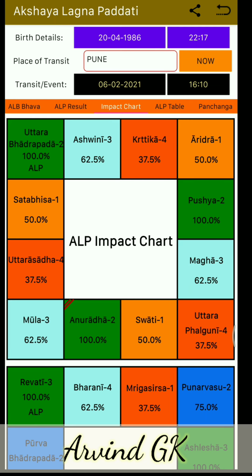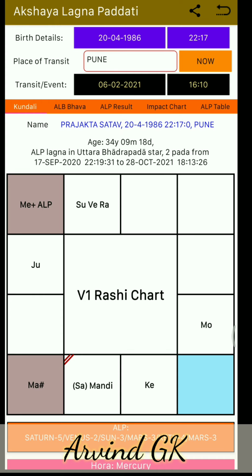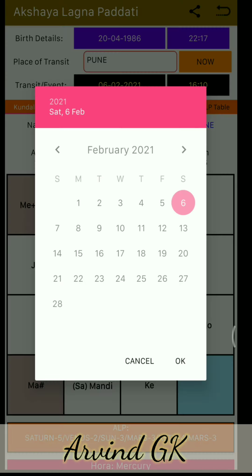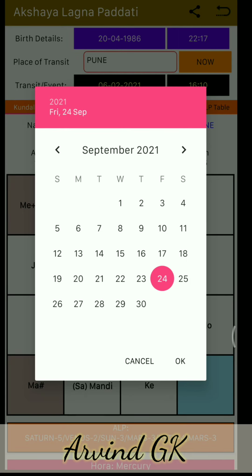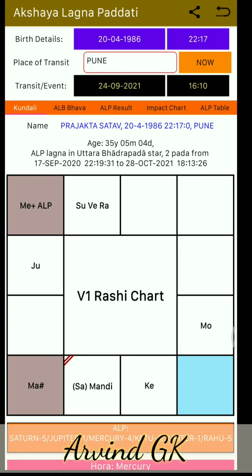Until 28th October 2021, Ganapati is the one who will give you all the goodness. So what will happen after October 28th?